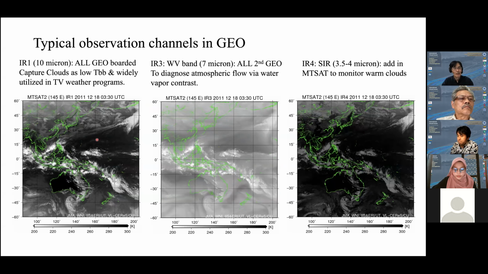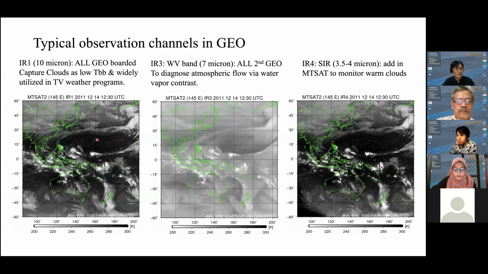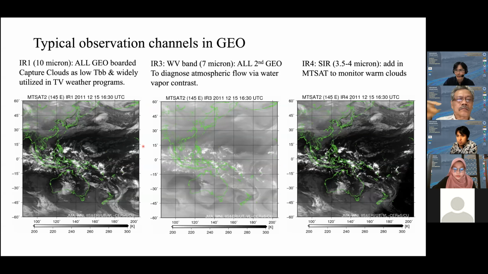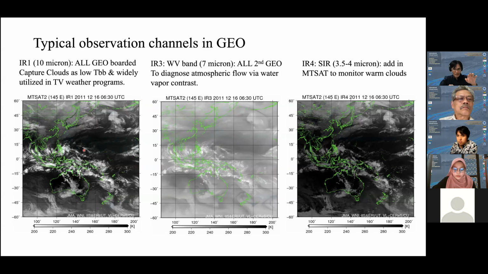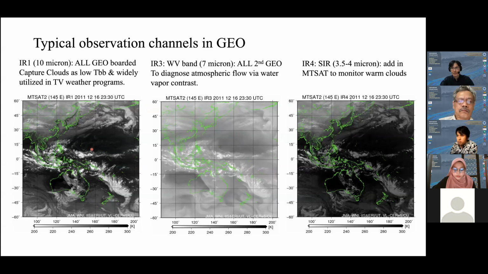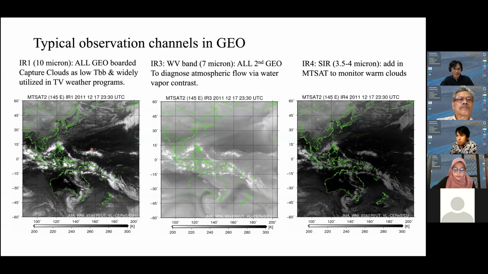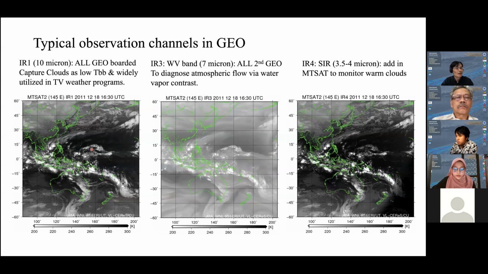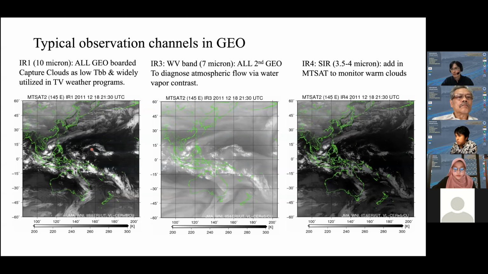Like the Western Pacific subtropical zone, the temperature is relatively high because of the subsidence of the atmospheric motions, suppressing the convection. This can also be captured by the 10 micrometer images.